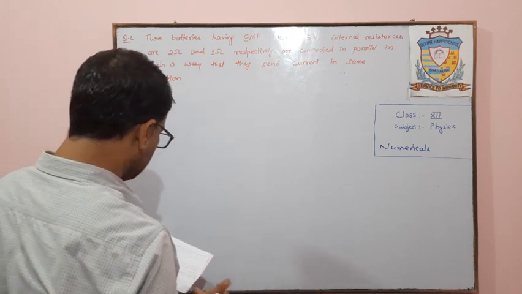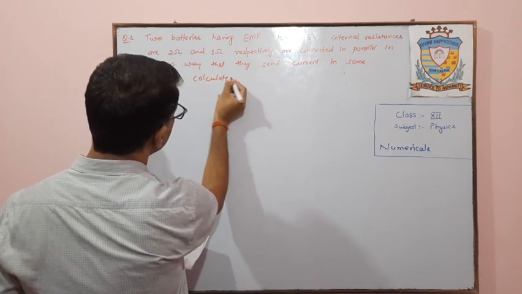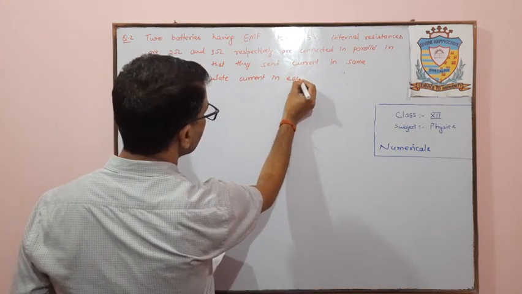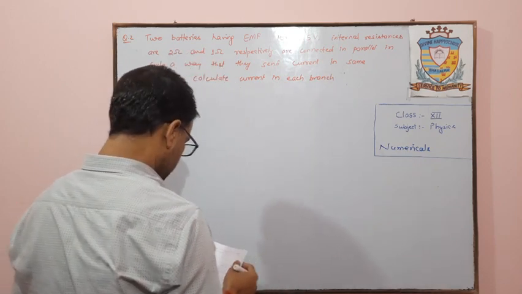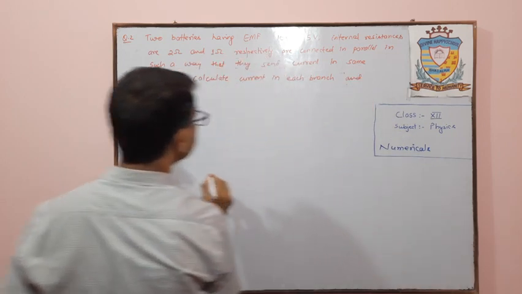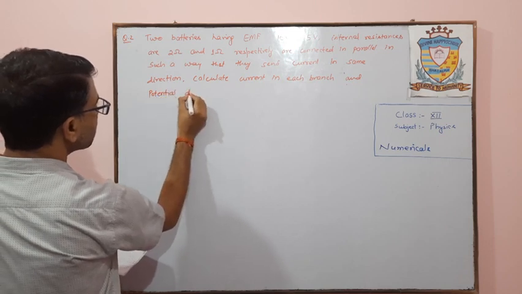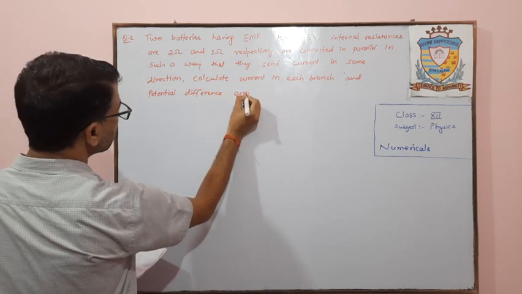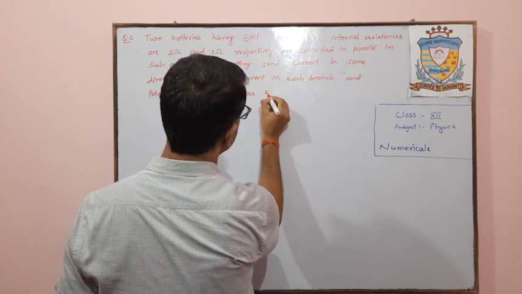Calculate current in each branch and potential difference across 5 ohm resistance.